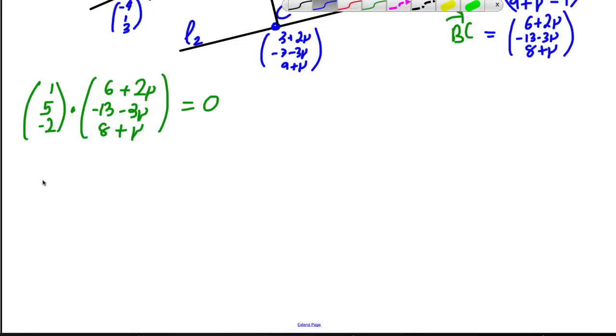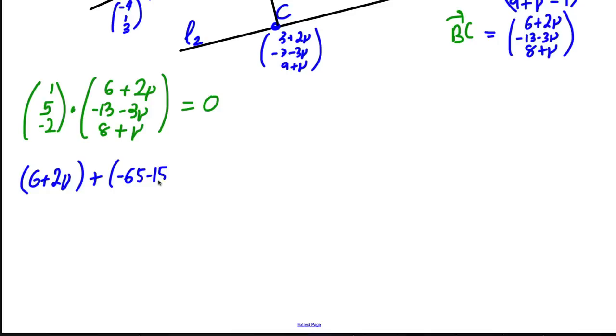So 1 times this is 6 plus 2 mu, plus 5 times this, which would be negative 65 negative 15 mu, plus this times this, which would be negative 16 subtract 2 mu, and that must be equal to 0.